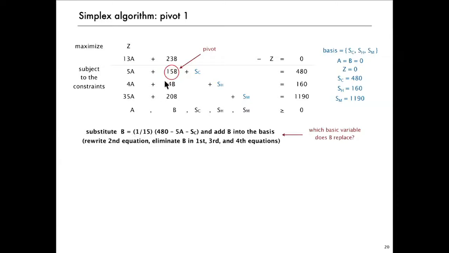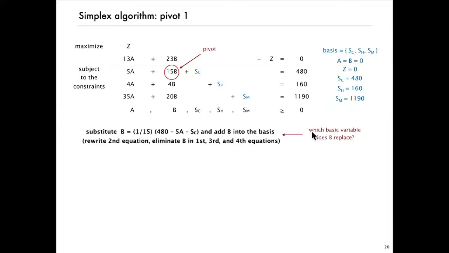So we solve for b equals 480 minus 5a minus SC divided by 15. This equation says that's what b is. Substitute in these other equations, and that puts b into the basis and takes some other variable out.